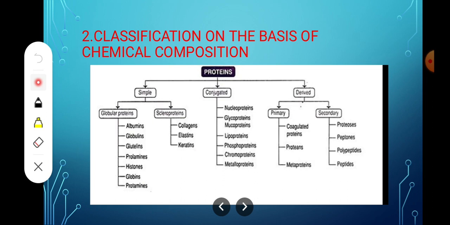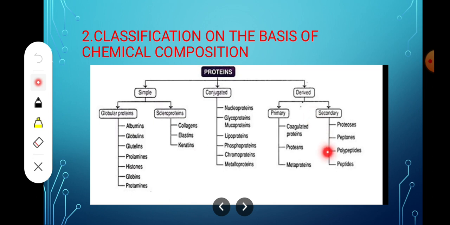Derived proteins are classified into two classes, primary proteins and secondary proteins. Primary proteins are the derivatives of protein in which the size of the protein molecule is not materially altered. They are of three types: coagulated proteins, proteans, and metaproteins.